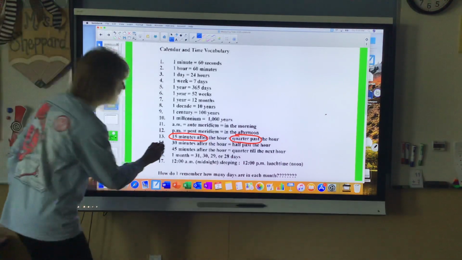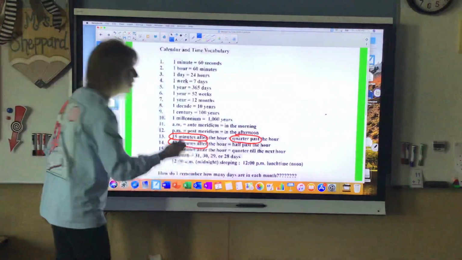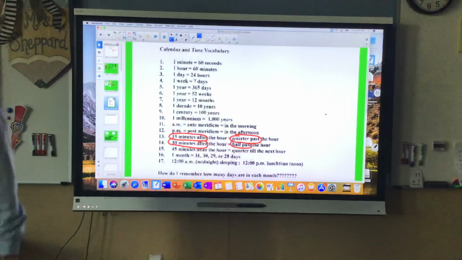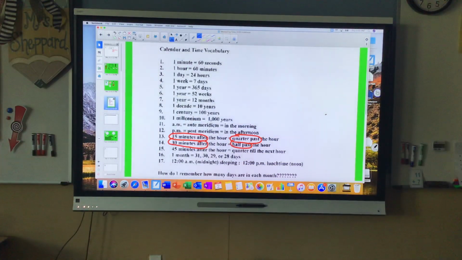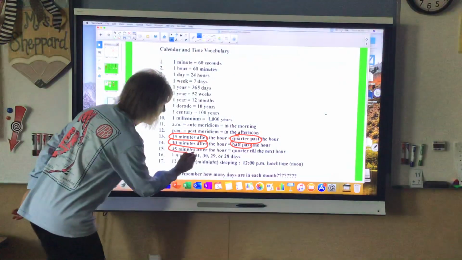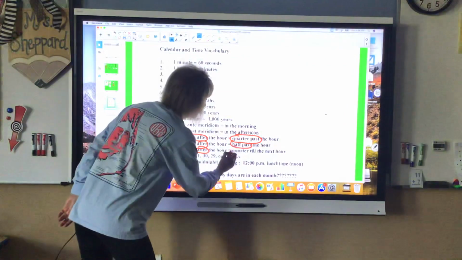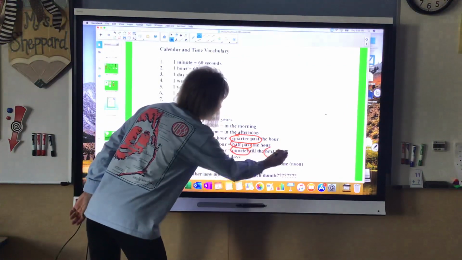Then 30 minutes after the hour is half past, because there are 30 minutes in a half hour. And then 45 minutes after the hour would not be past, but it would be a quarter till the next hour.